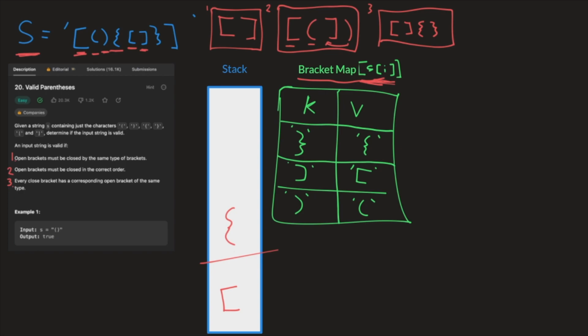And we continue on. We check this closing curly brace here. It's a key. It has a value. That value then equals the top of the stack, as we can see here. So we pop that value off the stack. And we're left with our opening square bracket, the first element in our string, our day one, you could say.